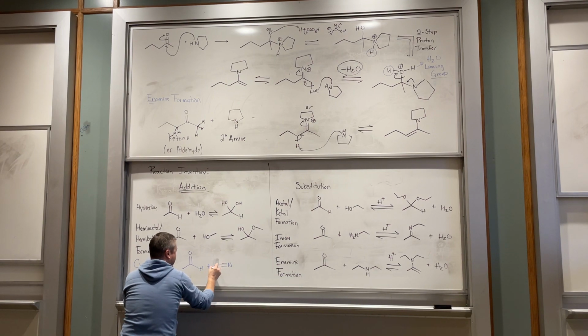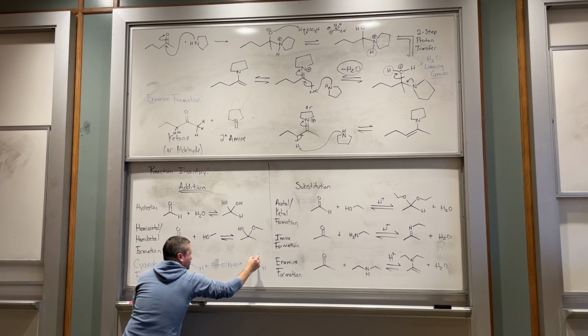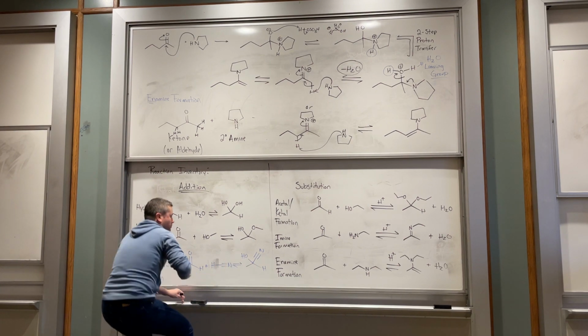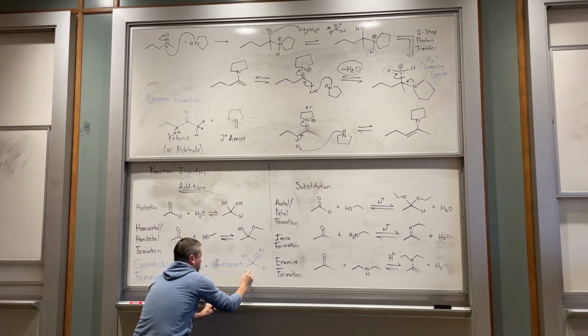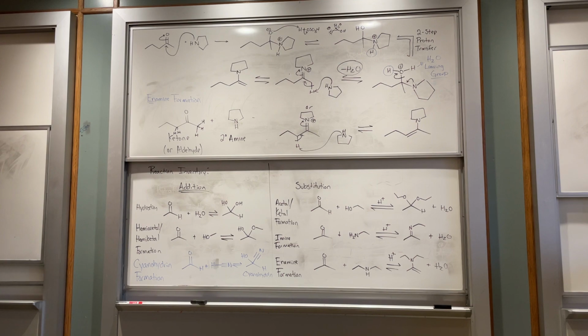So the last reaction that we're going to learn in this chapter, a really quick, really easy reaction, is the formation of a functional group called a cyanohydrin. It's a very specific reaction. The reason why we're leaving this to the end is because this is going to be the first reaction that teaches you carbon-carbon bond formation.